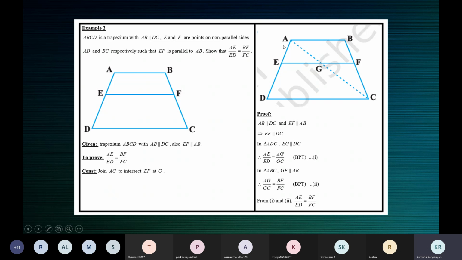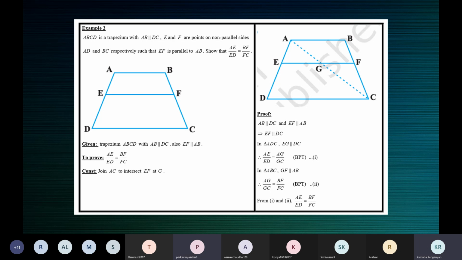So now in triangle ADC, EG is parallel to DC. This is enough to use BPT. So what's the result by BPT? AE by ED equals AG by GC.